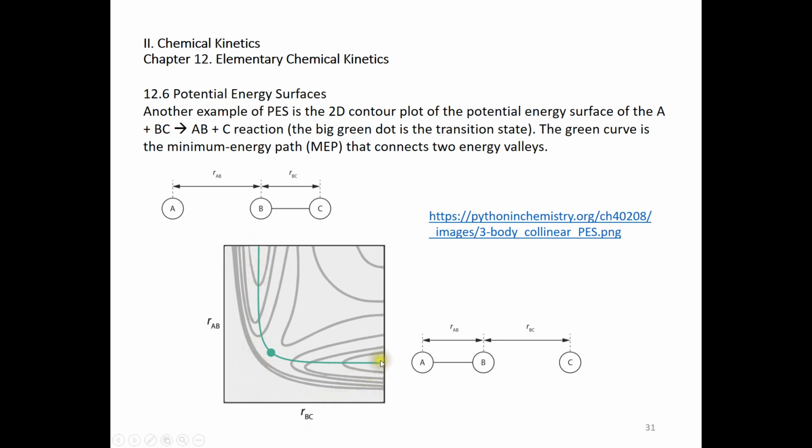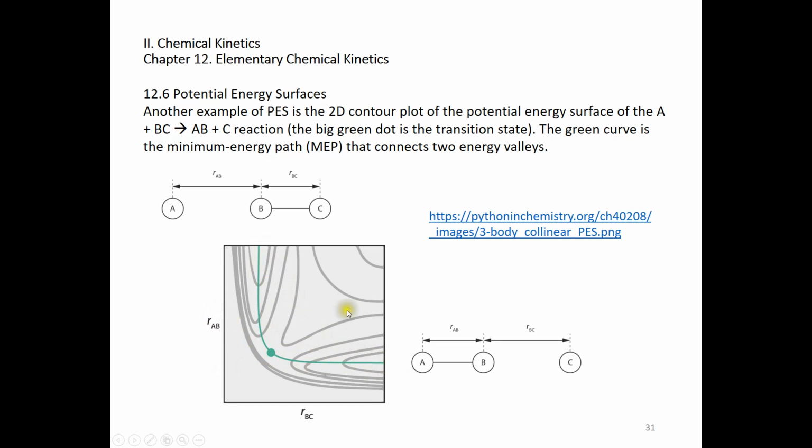Over here we have a larger BC distance. So right here at this point we have a BC bond with a short distance between B and C. And A is far away, so AB is pretty large. And then you can go through this minimum energy path or intrinsic reaction coordinates. We go to this side. At this point, AB is short.